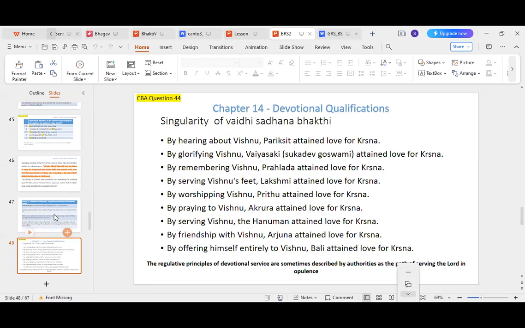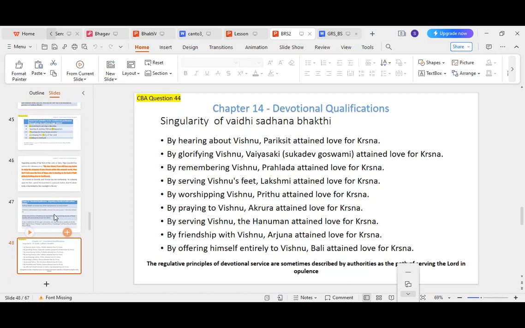Singularity means identifying through one way at an upper stage of Vaidhi Sadhana Bhakti. It doesn't mean they have no other ways of performing bhakti, but what is more specifically, with concentration, identified is the one particular way. That is the singularity of Vaidhi Sadhana Bhakti.